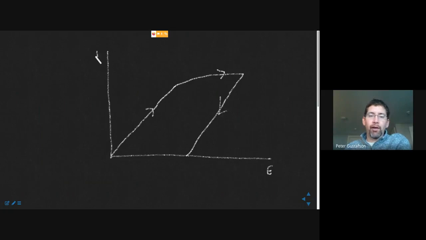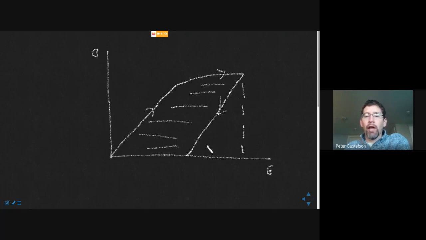This is strain and stress. Actually, the total area under the curve would come down to here, but a big portion of that is no longer recoverable to do elastic work. Only a portion of that would be energy available to do some other type of work.